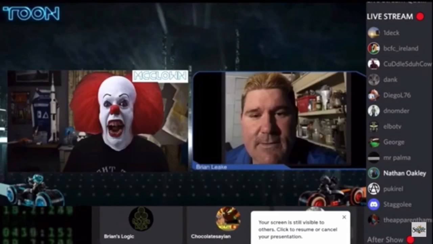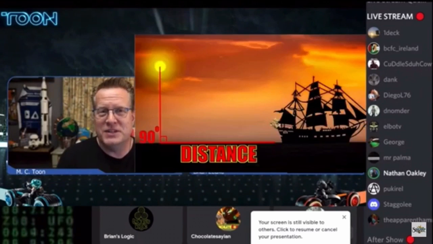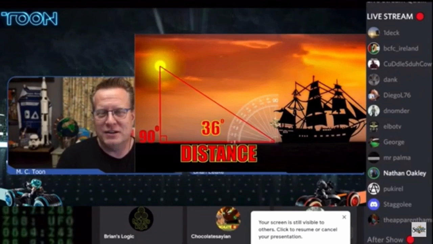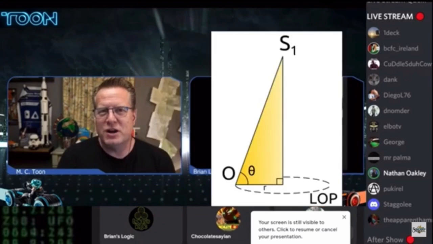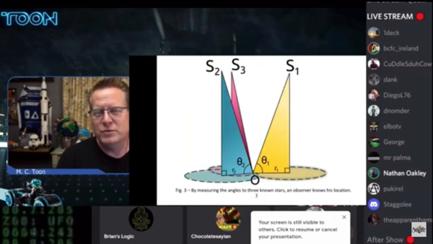When Mitchell from Australia and Mr. Sensible were going back and forth, they kind of both had a point, because it seems like you could do it using both methods. Would you agree with that? No. There is no triangulation in celestial navigation. It's about the distance and about the angle to the GP. So you can draw it on your chart, draw a line there, and then you do it for all three, and you get your intersection.